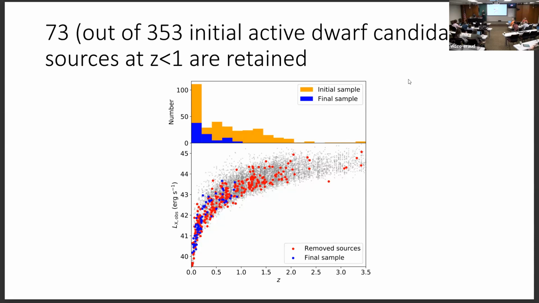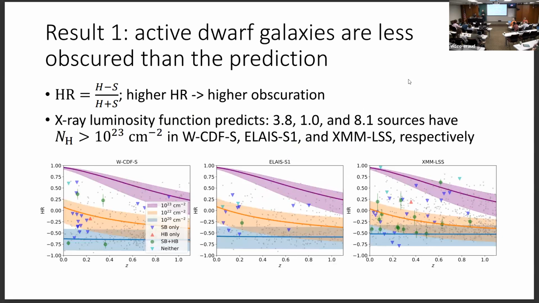Given these strong selection effects, it's challenging, but we want to do what we can do. We have this sample, and we can still do some basic population analysis on these sources. So we check various things.